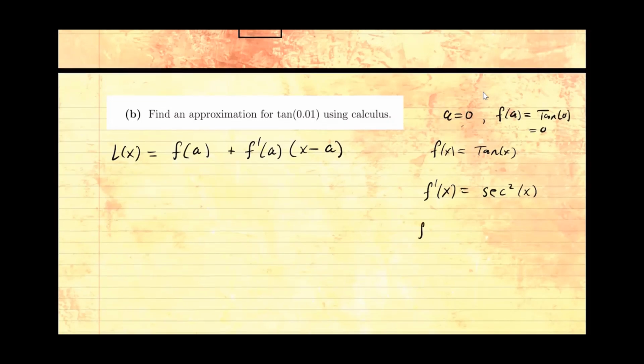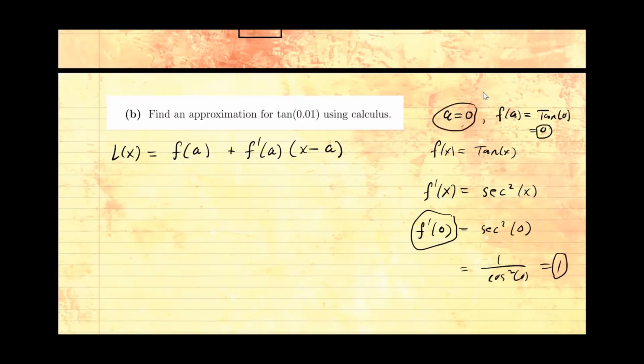Now let's find the derivative at a, which is 0. That will be secant squared of 0. So secant is the reciprocal of cosine. So this is 1 over cosine squared of 0. And what's cosine of 0? 1. So this is 1. So my slope is 1. And my point, x coordinate and y coordinate, is 0, 0.